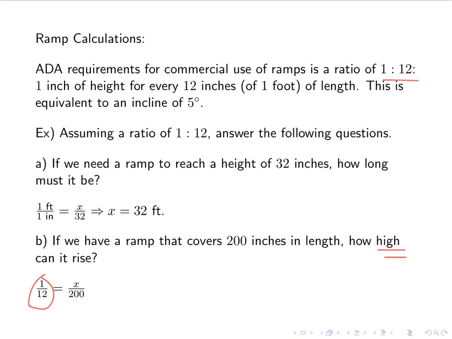So 1 to 12 equals x over 200. To find x, multiply both sides by 200. So 200 divided by 12 is 16 2/3 inches. Okay. So just make sure that you're using the correct ratio, whether it's 1 to 12 because it's inches and inches, or it's 1 to 1 because it's inches and feet.